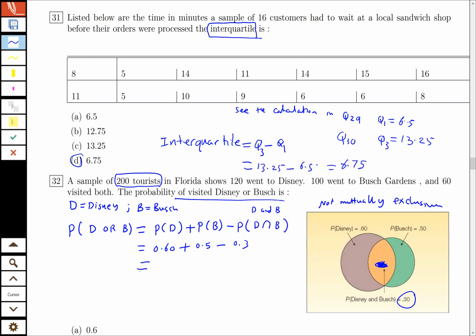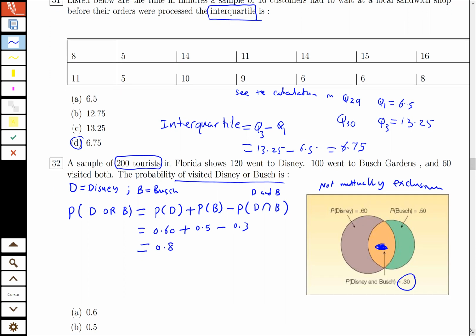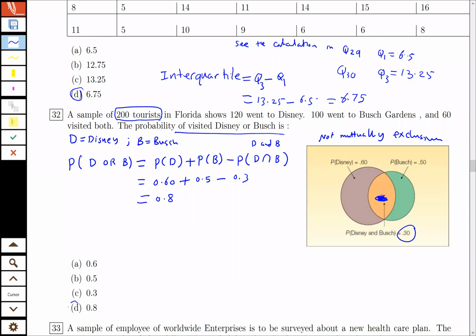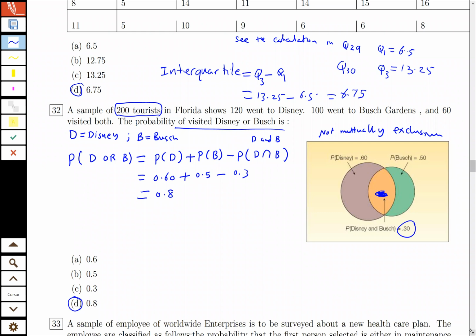So if we calculate that, we will get 0.8. So I choose the answer which is 0.8.